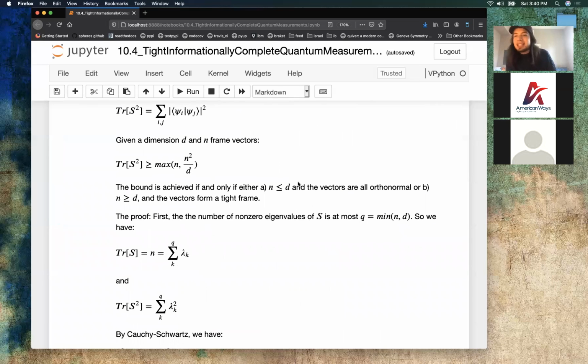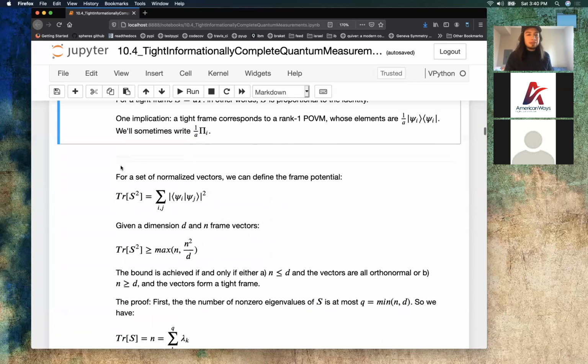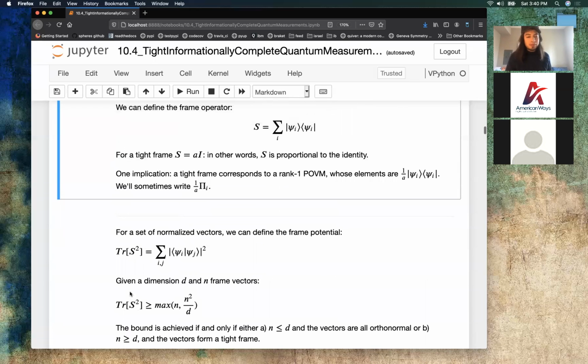Given some dimension d and n frame vectors, the trace of the frame operator squared has to be greater than or equal to whichever is bigger, n or n squared over d. Remember, n is the number of vectors in the frame, and d is the dimension of the vectors.